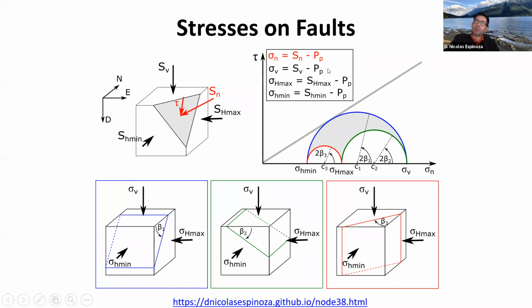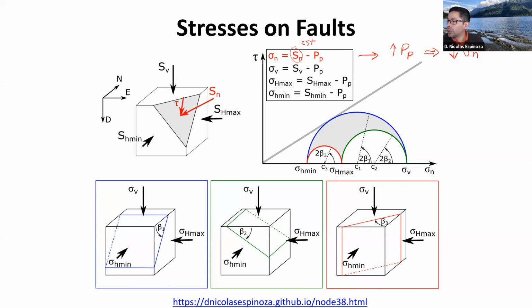If we increase the pore pressure, considering that the total stress is going to stay constant, the net result is going to be a decrease in the effective normal stress.